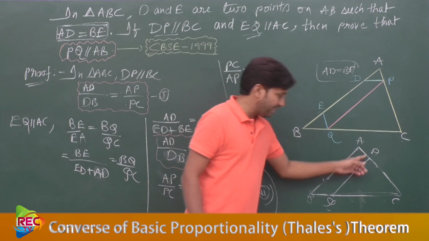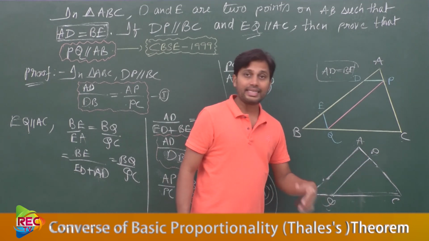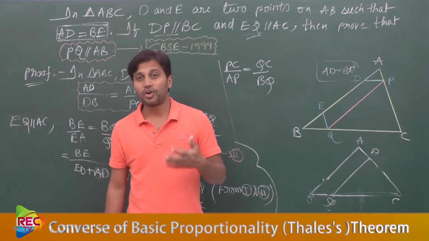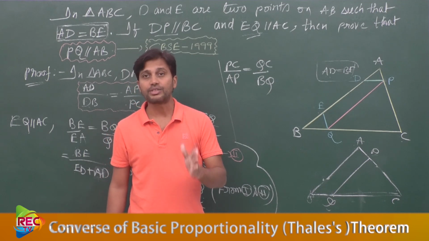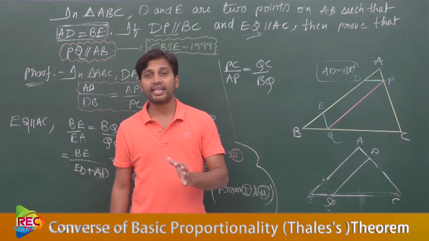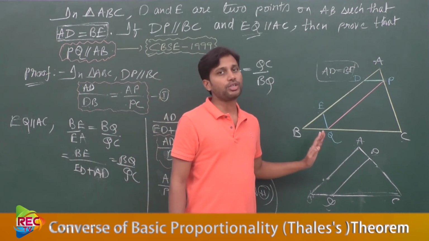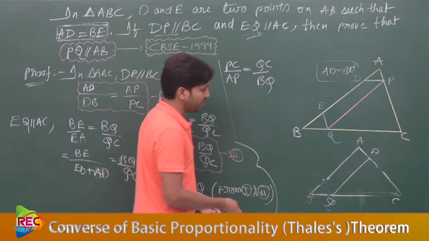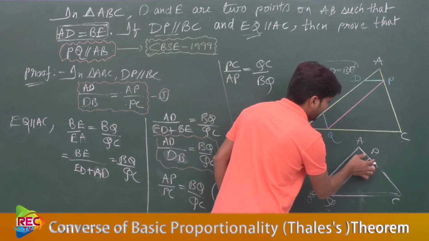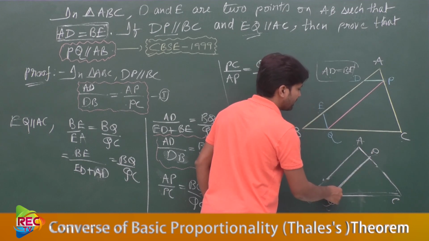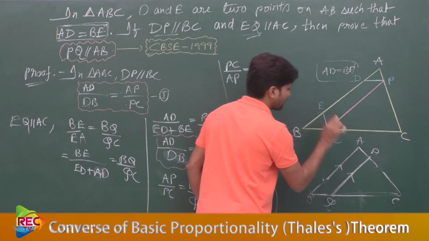So when it is dividing these two sides in the equal ratio, from the converse of the Thales theorem, what can we say? When one line divides two different sides of a triangle in the equal ratio or proportionately, it will be parallel to the third side or not? Exactly. So this line will be parallel to this side.